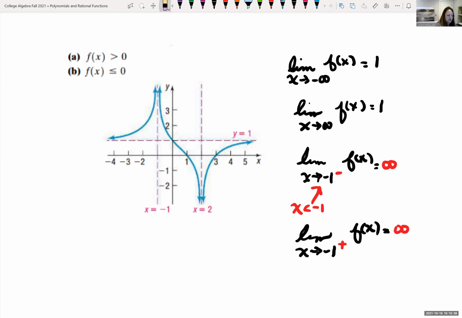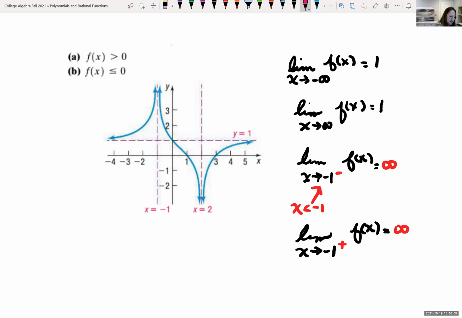So I just kind of wanted to review asymptotes with you, because I know it's been a couple weeks. So let's look at the graph here, and let's look at finding f of X where it's greater than 0. So those are all Y values that are greater than 0 on this graph. We're trying to find the X values that give us those Y values.